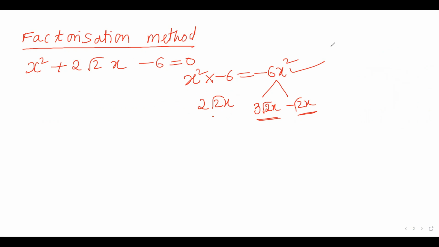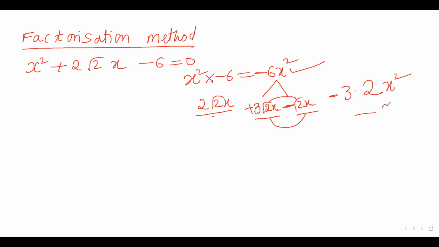Once again, I would like to explain this part. 3 root 2x minus root 2x is 2 root 2x. On multiplying, we get minus 6x square. Why? Because root 2 into root 2 is 2, 3 is already there, x into x is x square, plus into minus is minus.